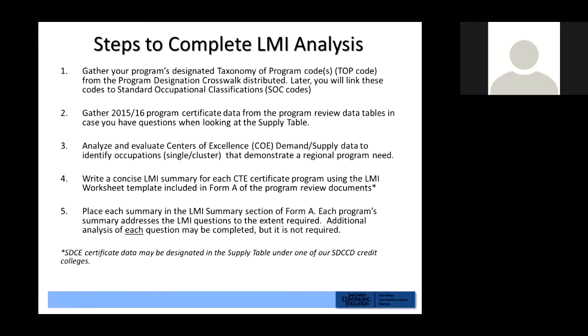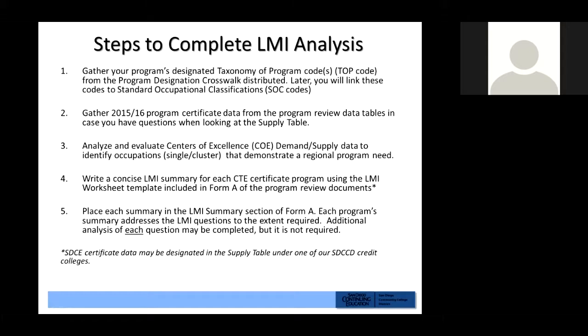Second, you'll gather your program certificate data from this year's program review data tables. You can use the number of program certificates of completion to validate the number of program completers for SDCE within the supply table, should you have questions with the information found. Note that you'll be using program completions for 1 year prior rather than the most recent year of data provided, because there is some time needed to reconcile data to the supply table.